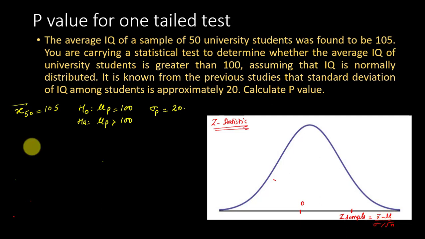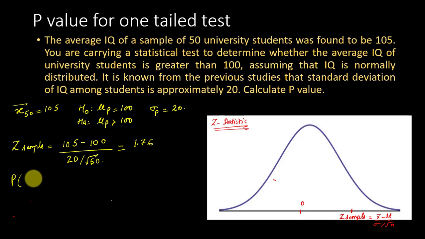So z of sample is 105 minus 100 divided by 20 divided by root over 50, which comes out to be 1.76. So what is the probability? To calculate this, we need to see the z distribution table.